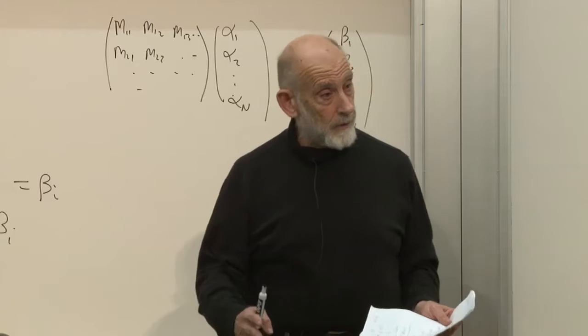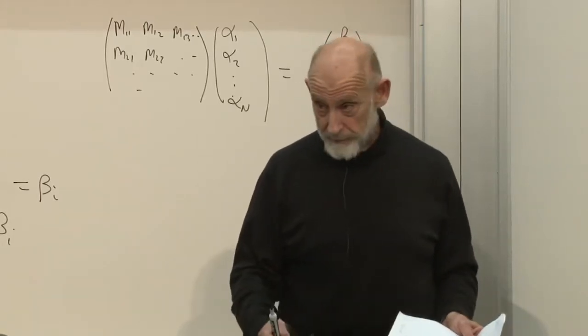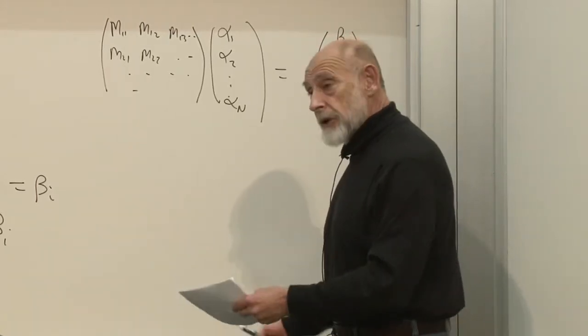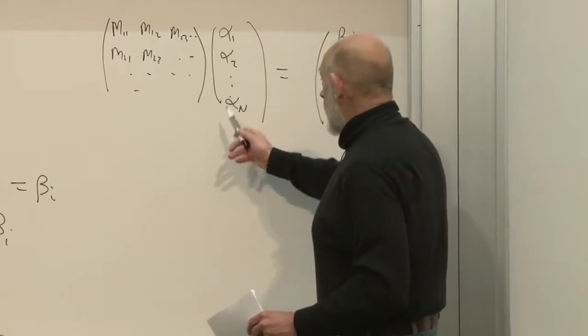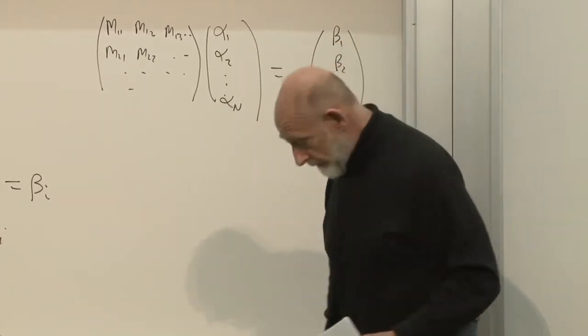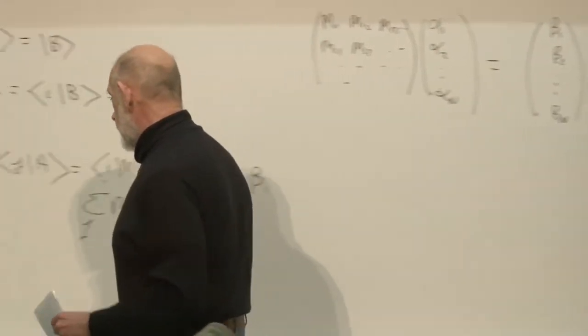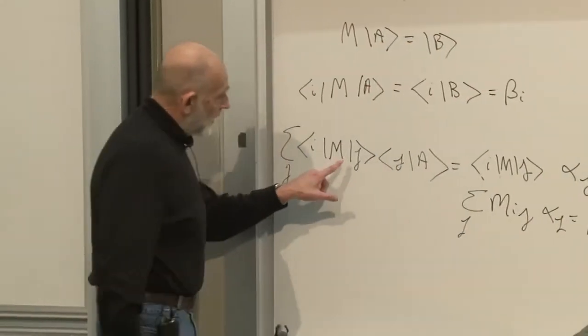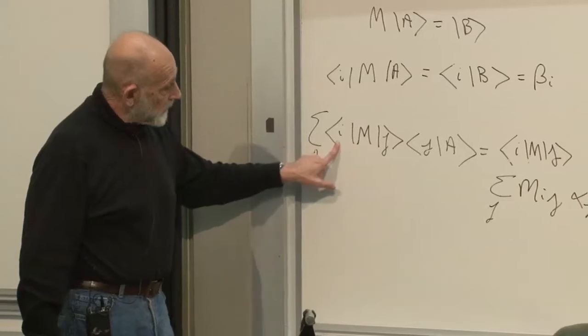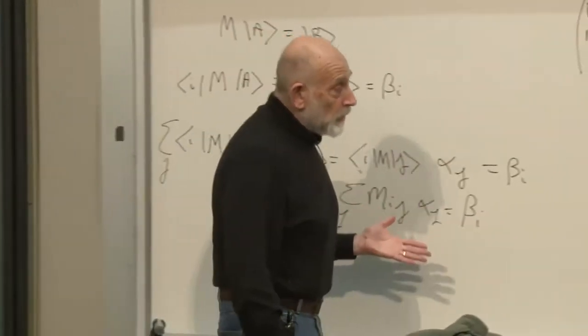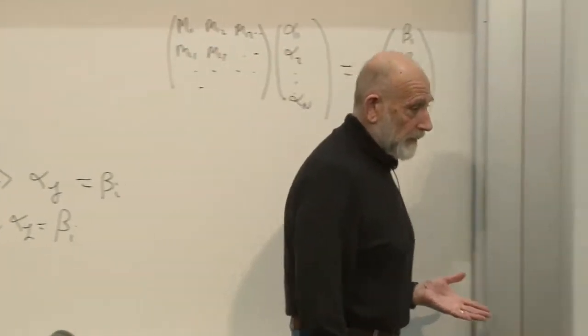Once you pick a basis, you stick with it. But you could have chosen a different basis, in which case these components would have been different. After all, the matrix elements are themselves related to the basis vectors.